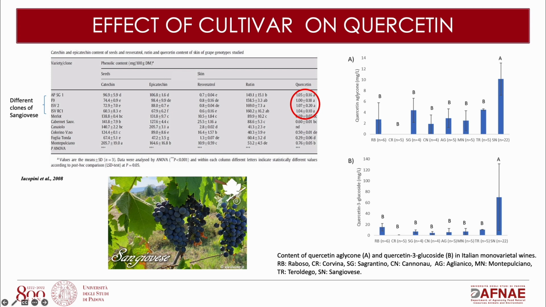So you can see on the epsilon axis, the quantity is much higher than the aglycone. And in both cases, Sangiovese shows the highest content of quercetin. So there is also a genetic base.